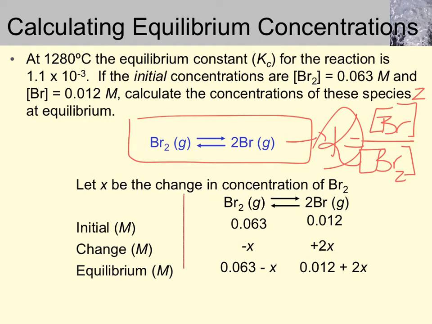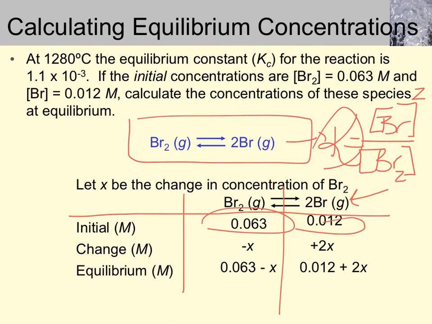Okay, set up your ICE table. I usually just write the reaction at the top of the ICE table. Works out real well for making my columns. Alrighty, so the initial concentration of bromine is 0.063 molar, and the initial concentration of bromine atom is 0.012.